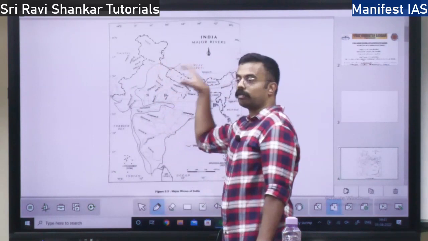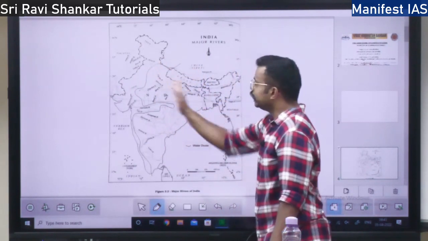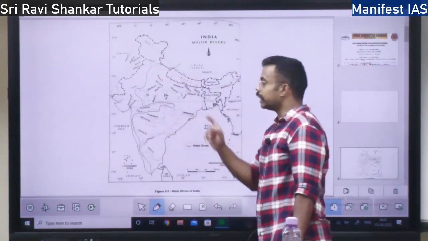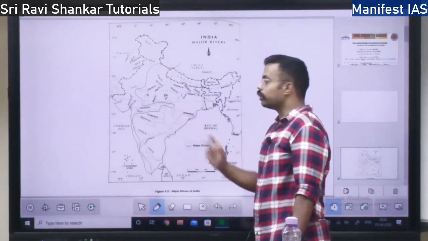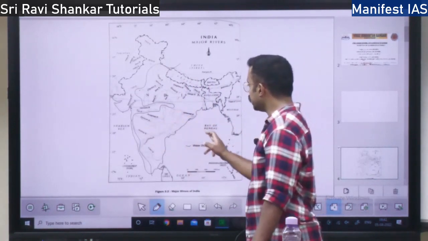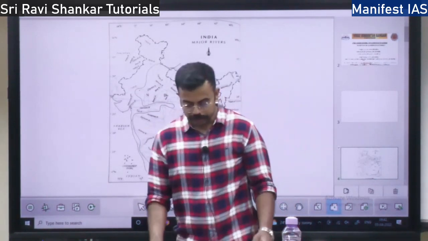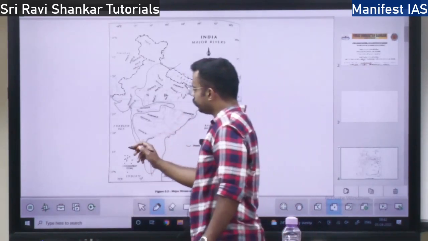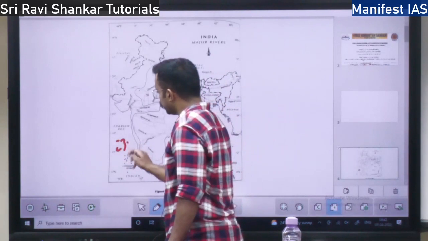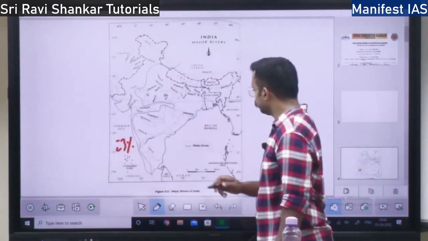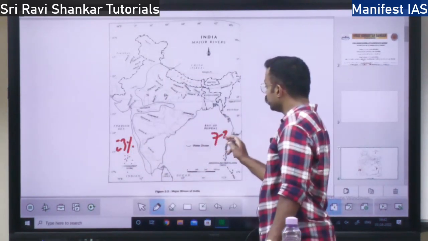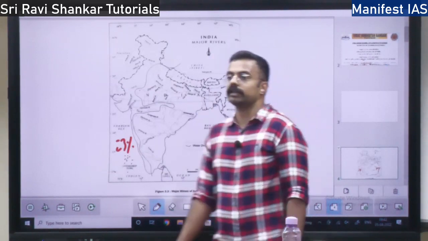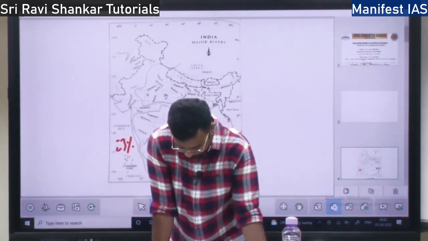Whatever water falls east of this line will go into the Bay of Bengal. The Arabian Sea drainage constitutes 23% of our rivers, and the Bay of Bengal constitutes 77% of our rivers in India, right?